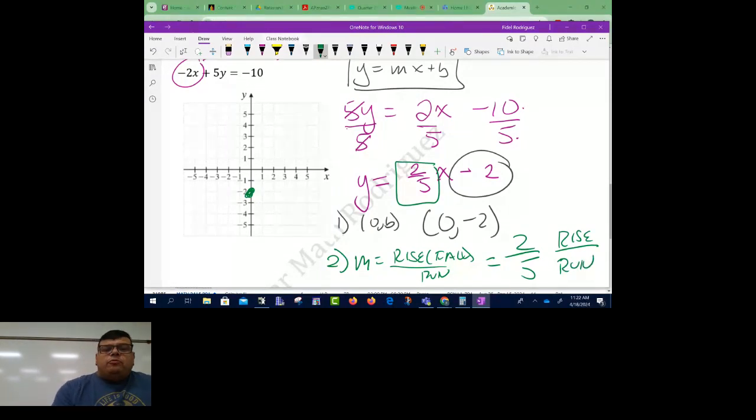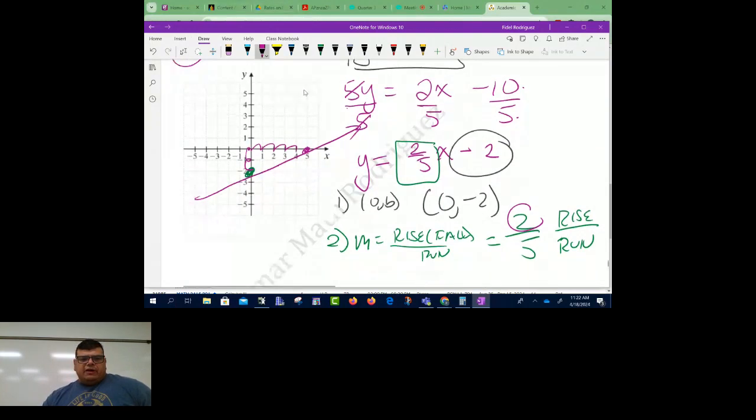From the point where we were located, we're going to rise 2 spaces. So look, y'all, 1, 2. And then we're going to run 1, 2, 3, 4, 5 right here. Boom, there's my line. We rose up 2 spaces and we ran over 5 and we got our line, right? So again, we were able to draw it by moving those points.